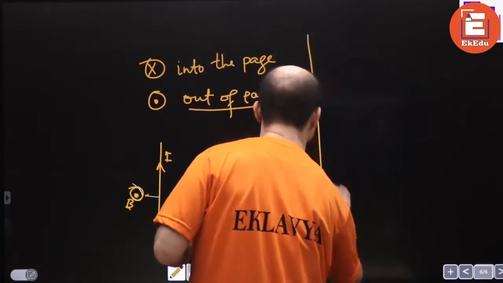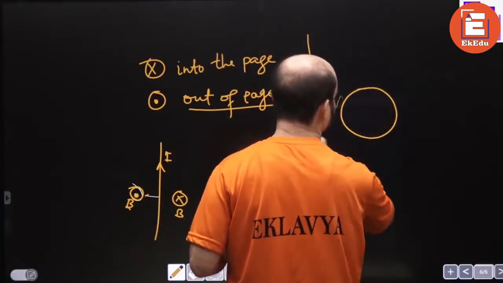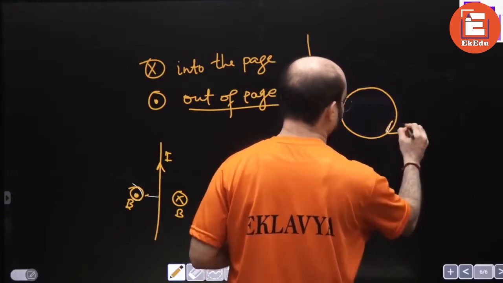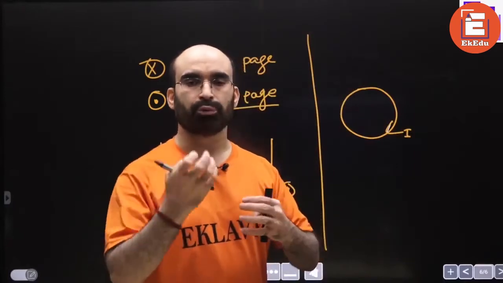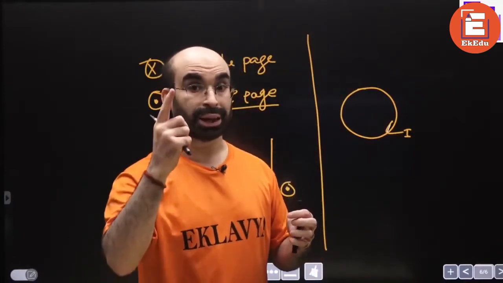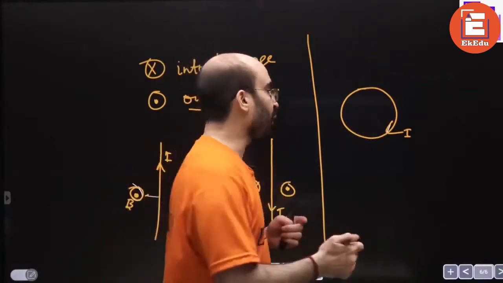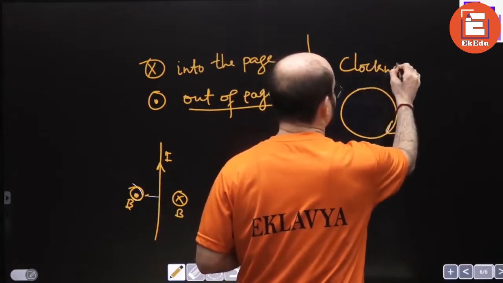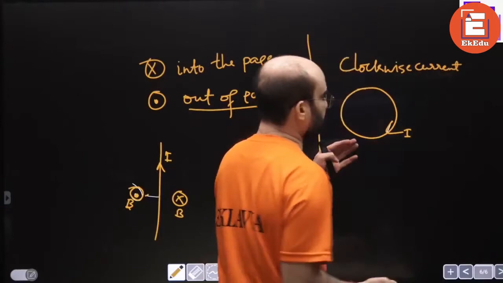One more thing. If you have clockwise direction of current, then what would be the magnetic field? Magnetic field will be inward. If you have clockwise current, magnetic field will be inward.